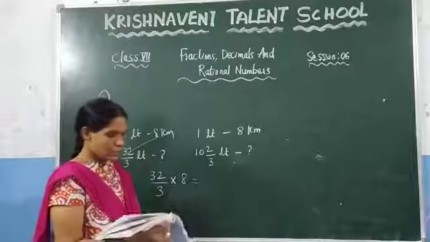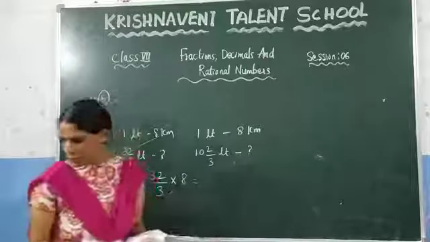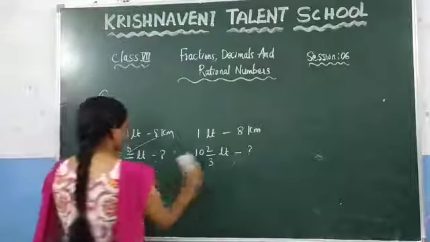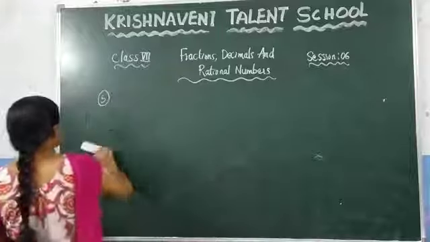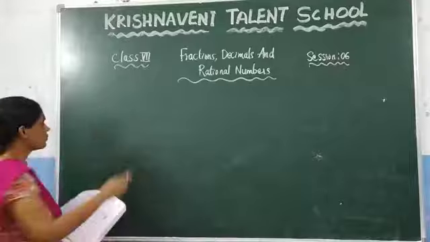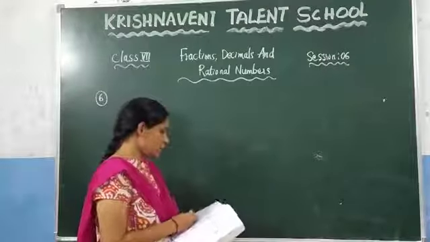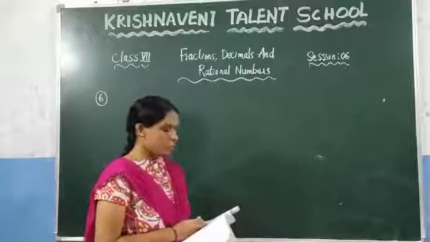Now see the sixth question. What is the sixth question given here? Raju walks 1.5 meters in 1 second.